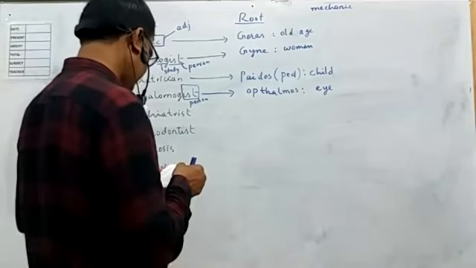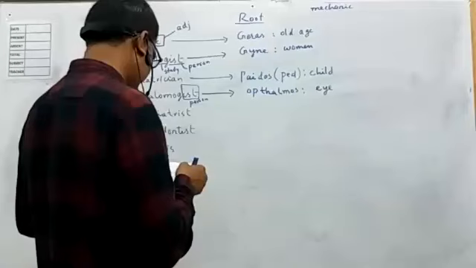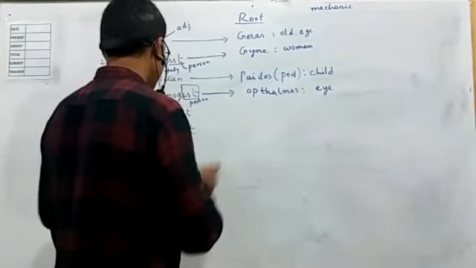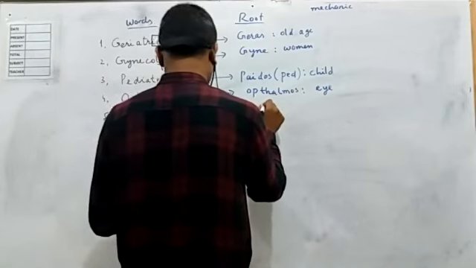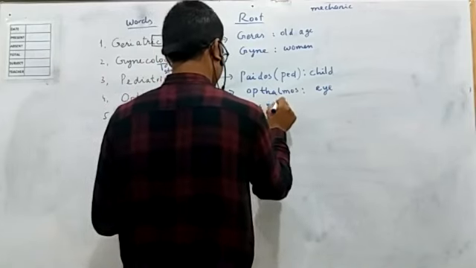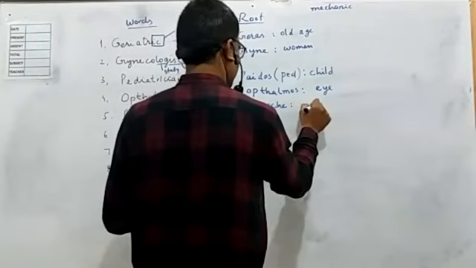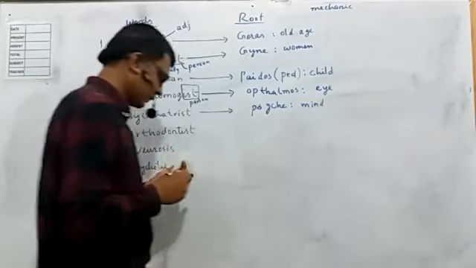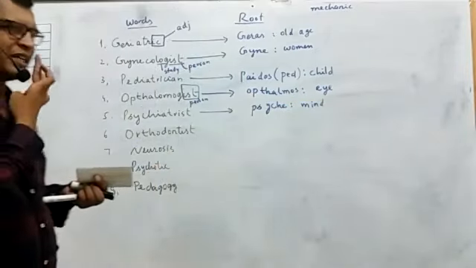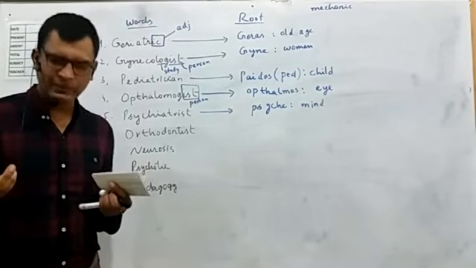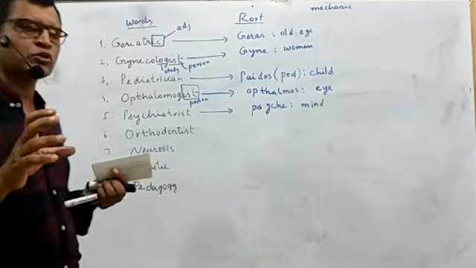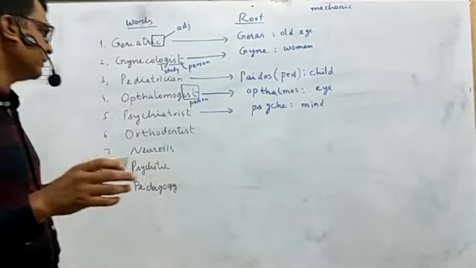Okay, similarly, we have this psychiatrist. Basically, the word is psyche, which means mind. Okay, so psyche is with psychiatrist. Normally, psyche means mind. Sometimes it is also soul, but most of the time it is the mind.